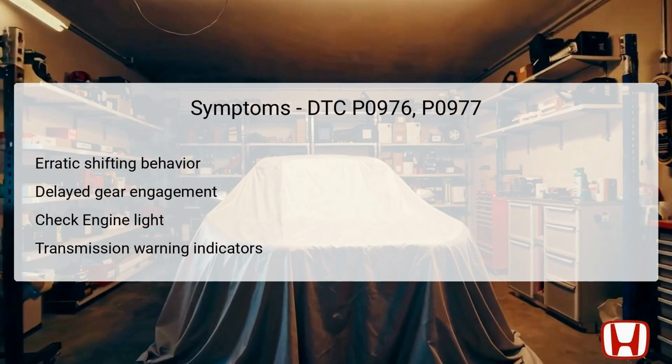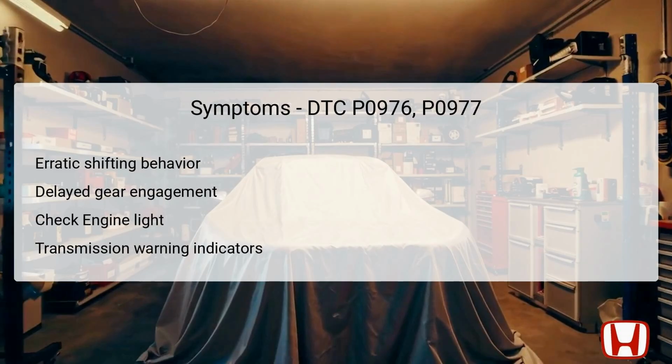When DTC P0976 or P0977 is triggered, various symptoms may manifest, impacting the vehicle's drivability. Commonly, drivers may experience erratic shifting behavior, where the transmission hesitates between gears or shifts roughly. This can lead to a delayed engagement when accelerating, where the vehicle feels unresponsive at times.